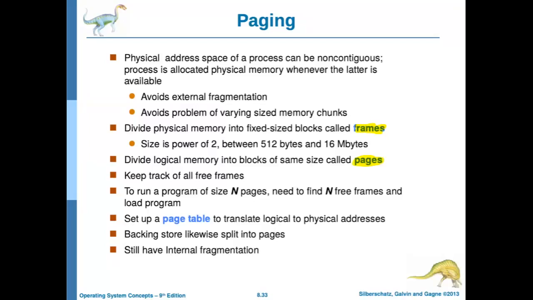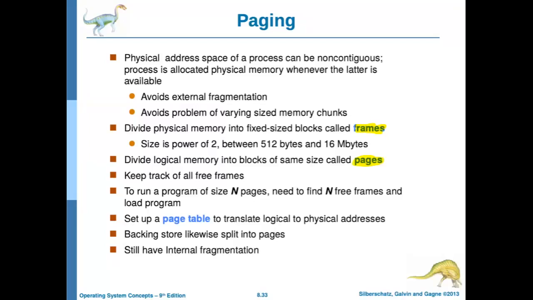Now the operating system has to keep track of all the free frames. For example, as I mentioned, 32 MB of RAM is there and half MB is the size of a block, so a total of 64 blocks will be there. Now how many blocks are free at that time? Initially everything is free, then the operating system is loaded. Say the operating system took 2 MB. If half MB is the size, 4 blocks will be occupied by the operating system.